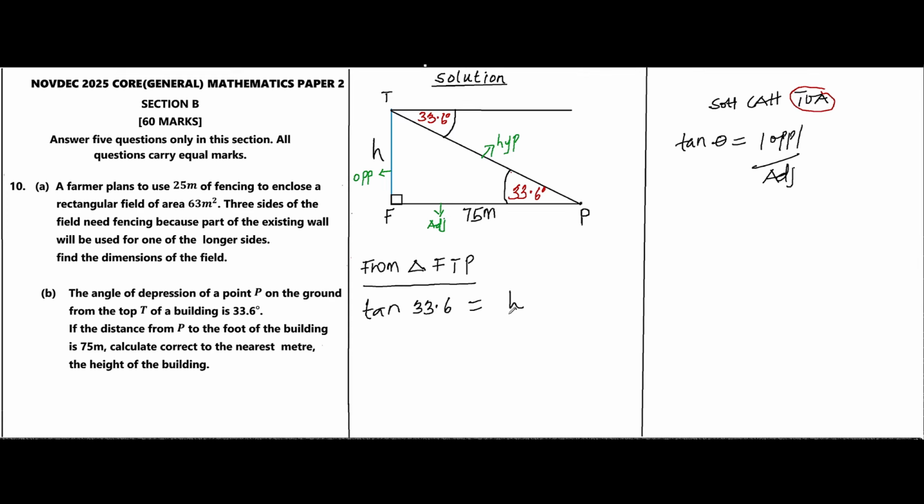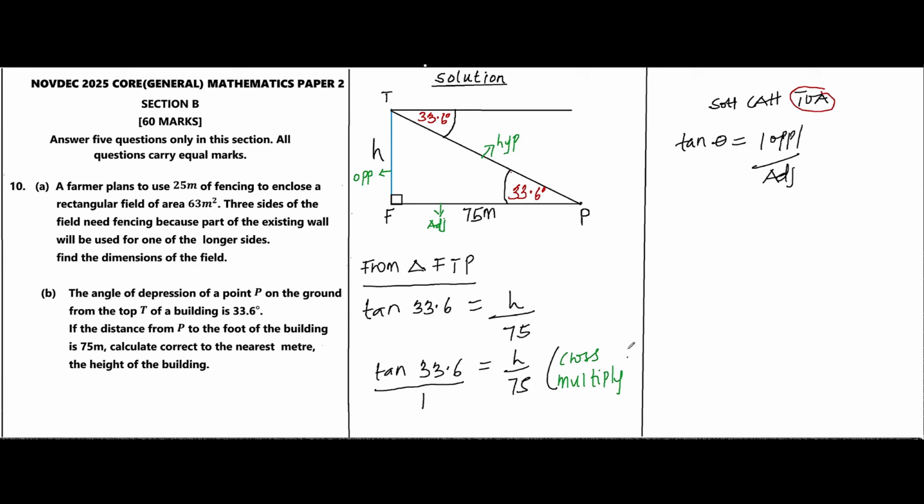It has been represented as H divided by the adjacent 75. So we have tan 33.6 being equal to H on 75. So tan 33.6 is the same as tan 33.6 on 1. So at this point, we can cross multiply.